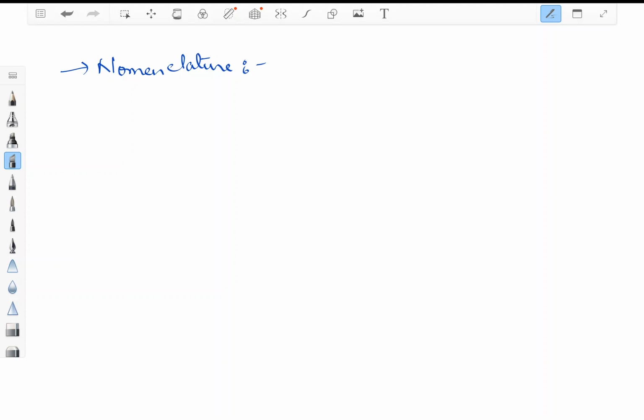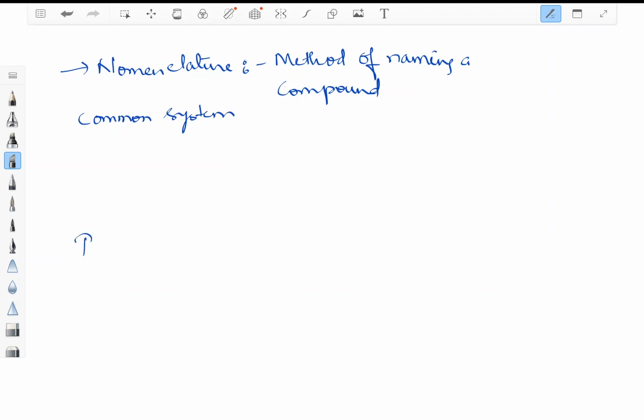Nomenclature is the method of naming a compound. In alkenes, we are going to use two systems. One is the common system, and the other one is the IUPAC system.